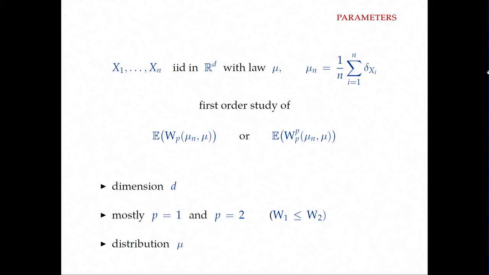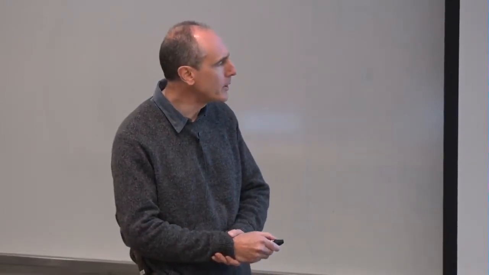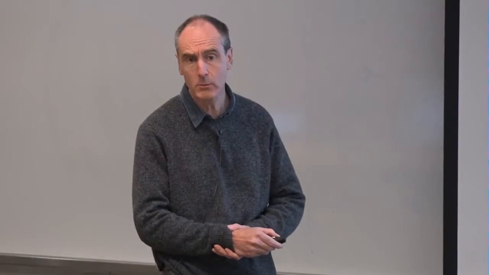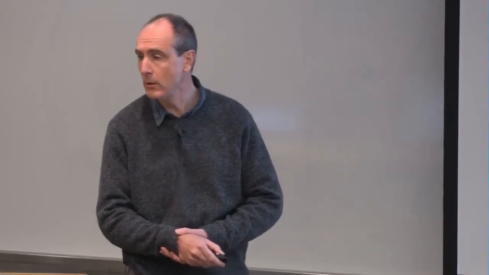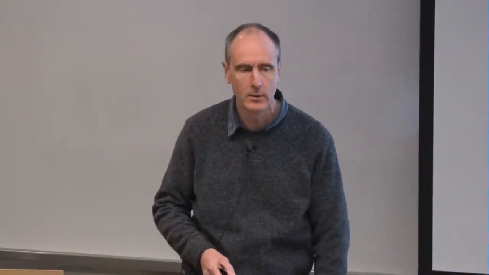So this is the picture, and as we mentioned before, there are some parameters entering the discussion, and these are the three main parameters: the dimension d, which will turn out to be very important, the value of p in the definition of the Kantorovich metric, and for simplicity, we will mainly concentrate on p equal to 1 and p equal to 2, and let us mention that W1 is always less than W2, so we have this comparison.